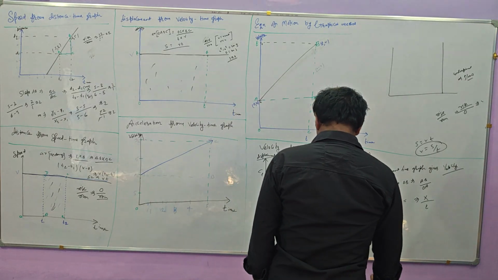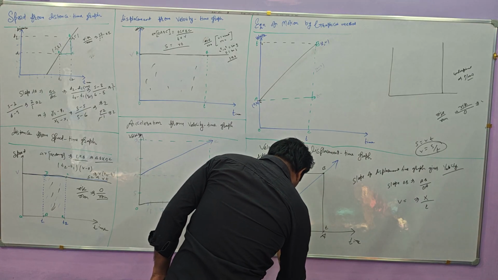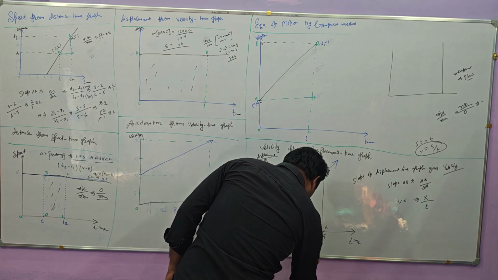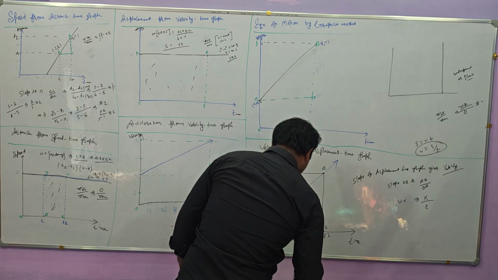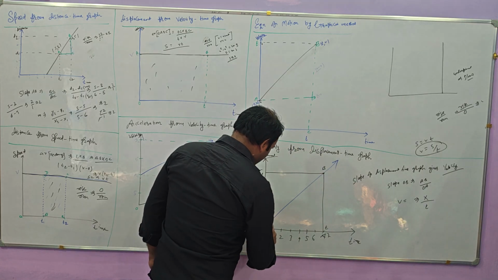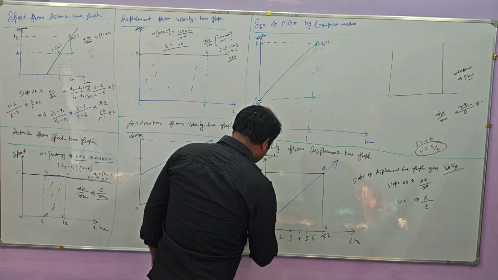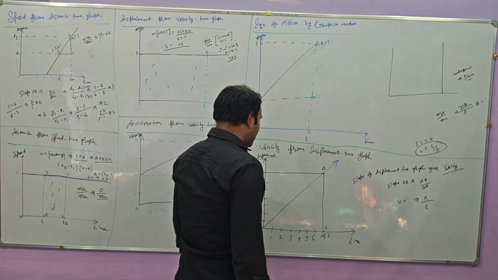Otherwise, when we check it, 1, 2, 3, 4, 5, 6, 7. Similarly, 1, 2, 3, 4, 5, 6, 7.